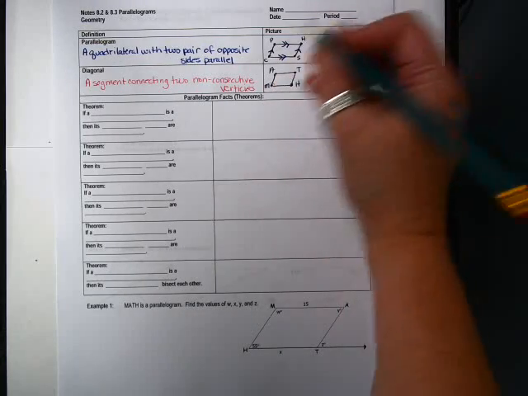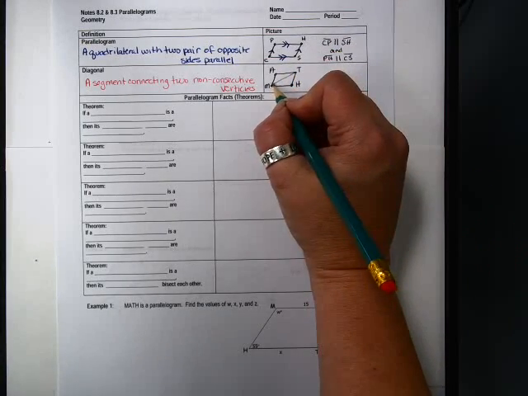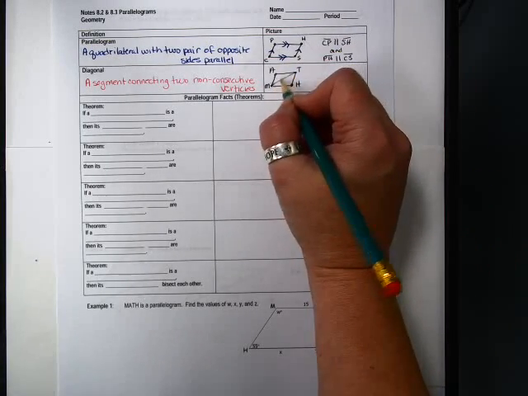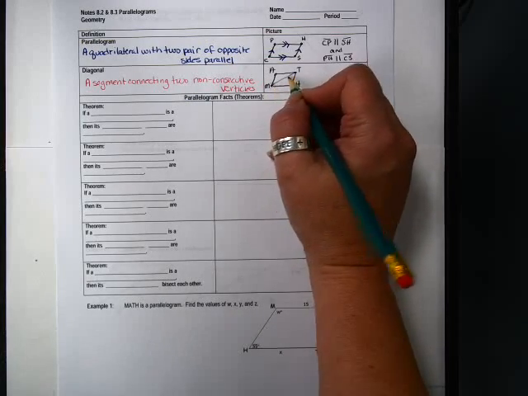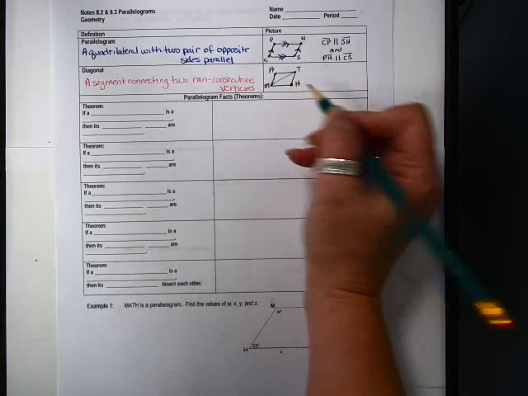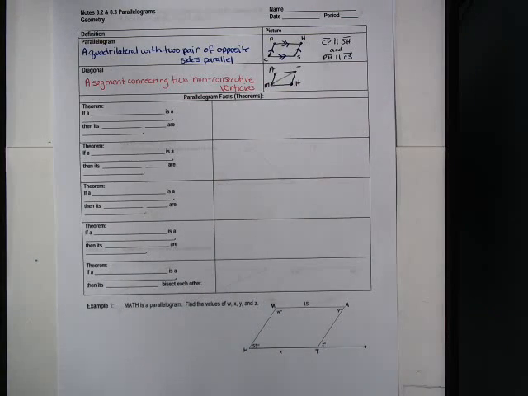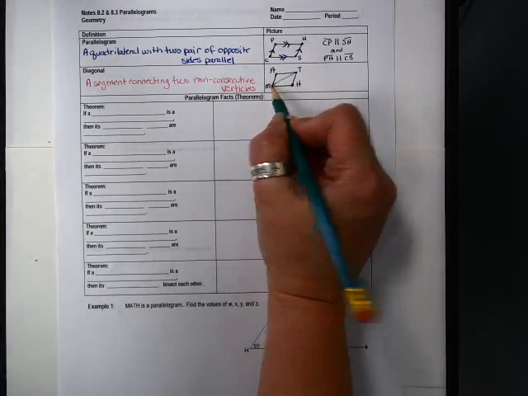If I connect it to T, it's going across through the center. That is a diagonal. And if I connect M to H, that is also a side, so I can't call that a diagonal. So this is the only diagonal that I can draw from this point.